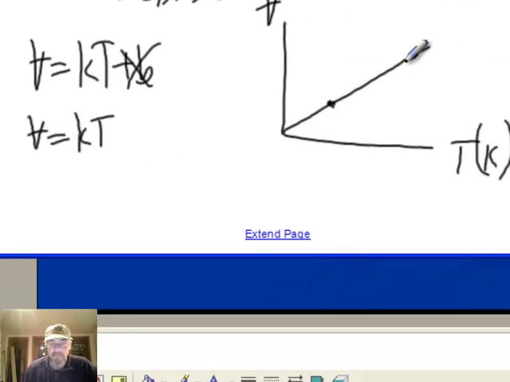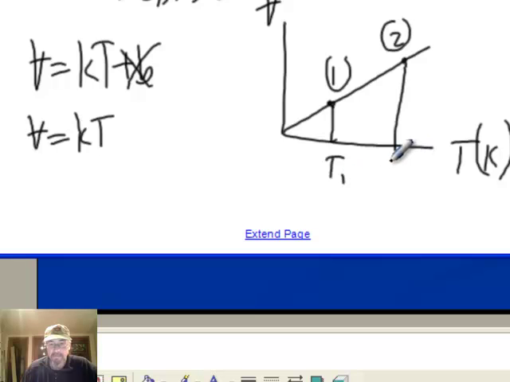If you think about a relationship there, a point there and there, point number 1, point number 2, and I've got a temperature here, T1, and a temperature here, T2, and here I've got a volume, V1, and I've got a volume, V2. Both of these are on the same line, and the slope of this line is the K that we've got here.